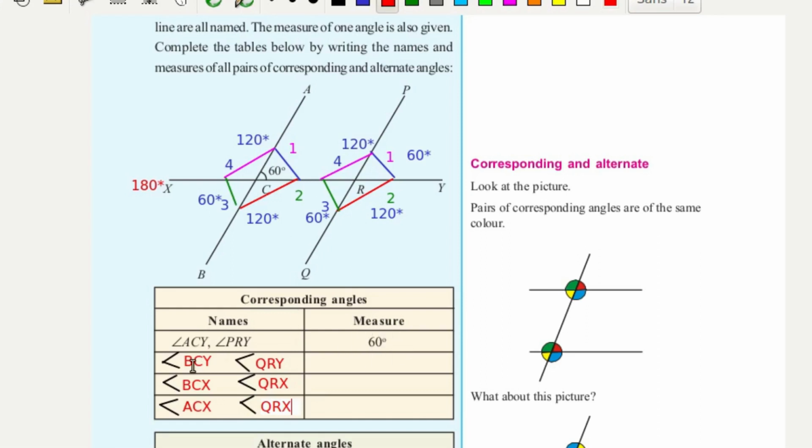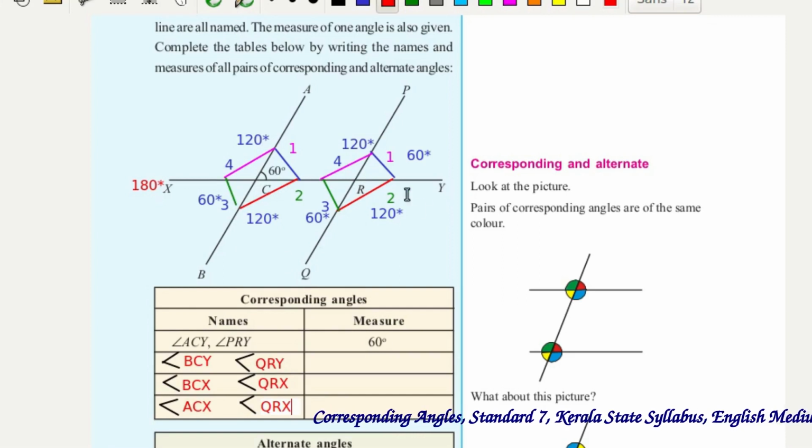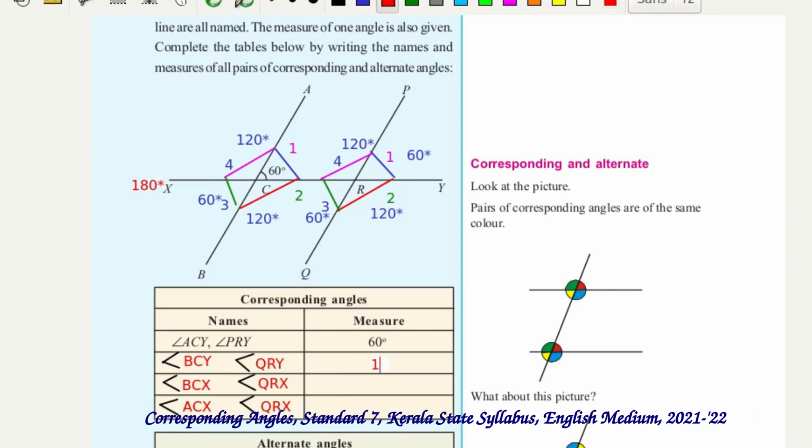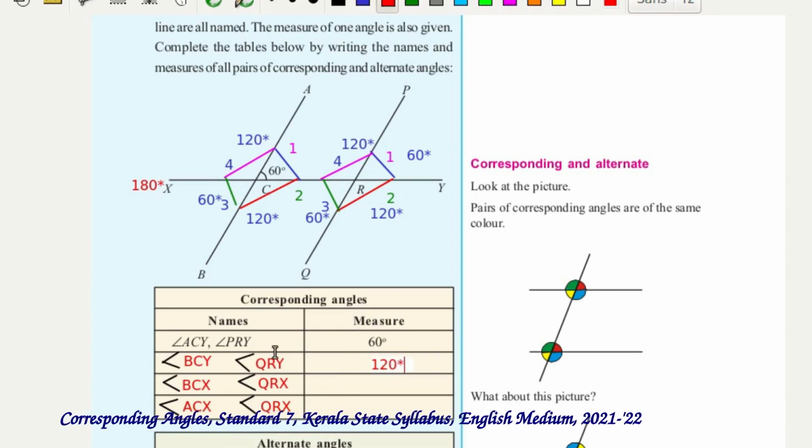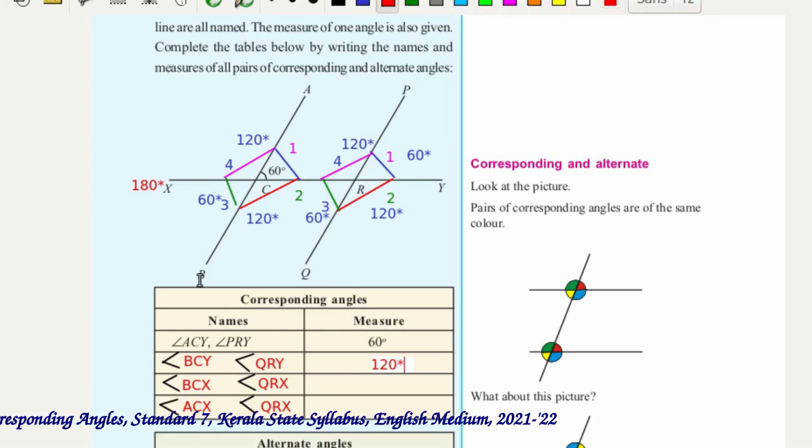Now how much are angle BCY and angle QRY? 120 degrees. Next is angle BCX, 60 degrees, and angle QRX, 60 degrees.